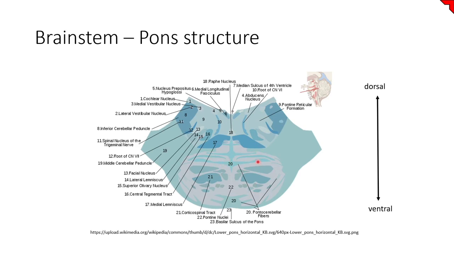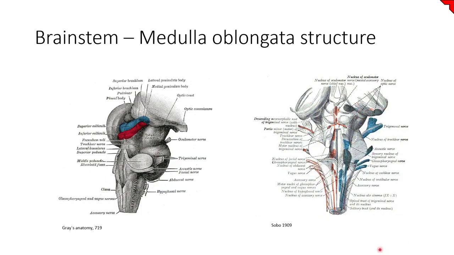It's actually the link from the cerebellum to other parts of the brain, so the spinal cord and the cerebrum. And in this pons, we also have a couple of cranial nerve nuclei and also a lot of fibers, sensory fibers that go upwards and motor fibers that go downwards. But again, very complicated structure, and I won't go into too much detail.